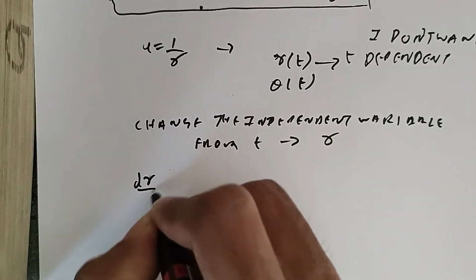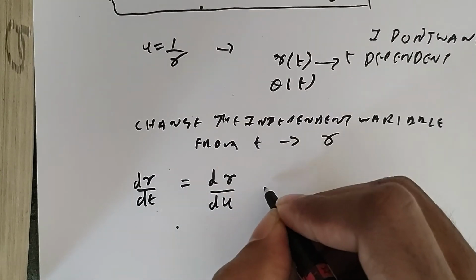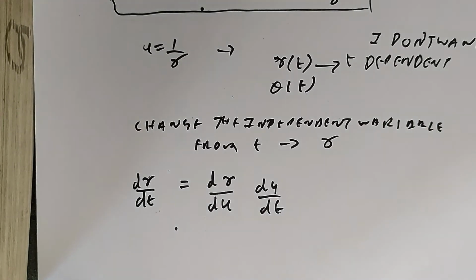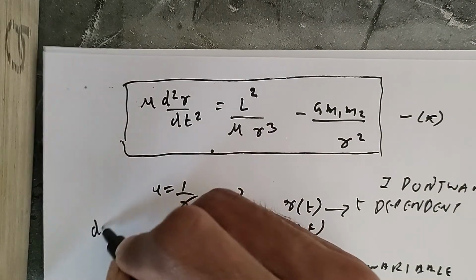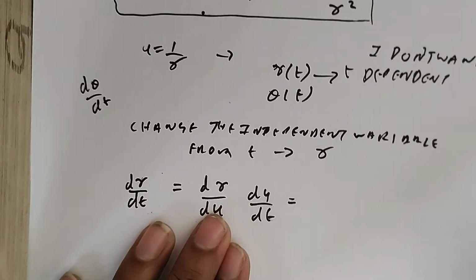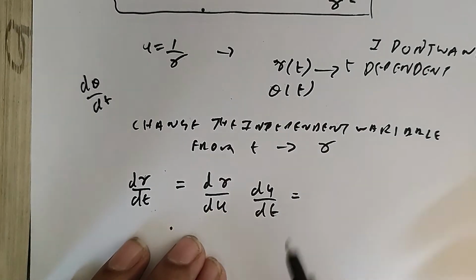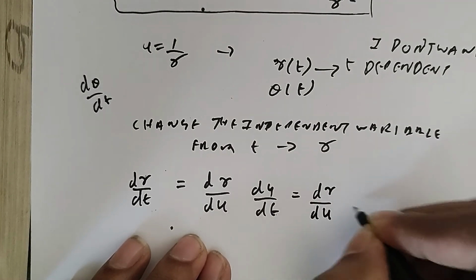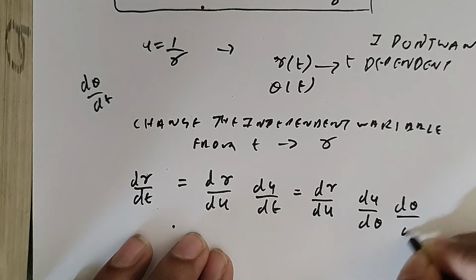So dr by dt can be manipulated as dr by du, du by d theta, d theta by dt, right?